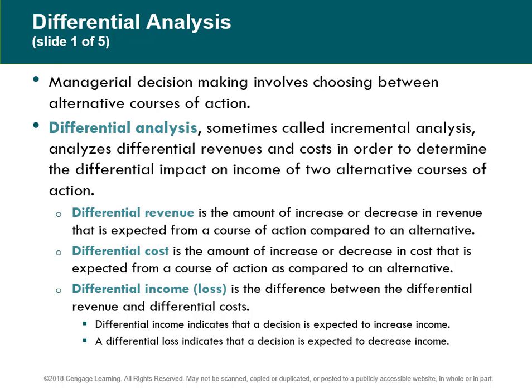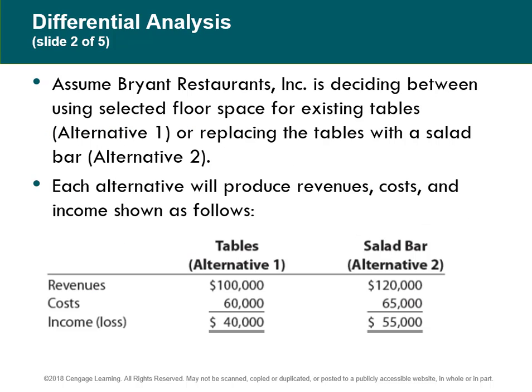The first one we're looking at is more or less an example of how this could be used rather than a category. It's a restaurant trying to decide what to do with their floor space. They've got existing tables with table service, or should they replace some tables and put a salad bar in?